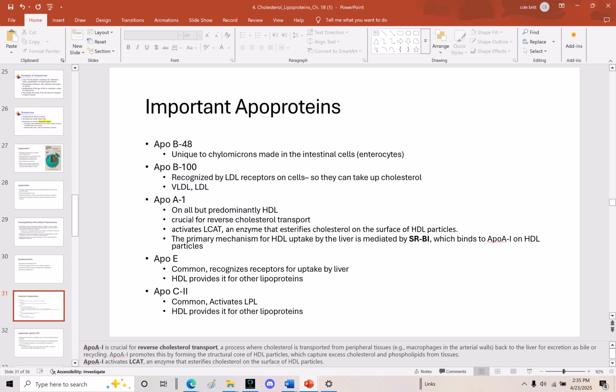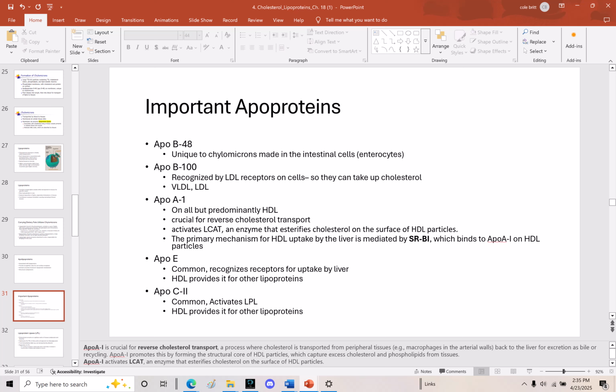When triglycerides are mostly gone, all that's left in the VLDL is LDL. At that point, it becomes LDL. And so that's why both VLDL and LDL have an ApoB100. And that is what's recognized by LDL receptors.